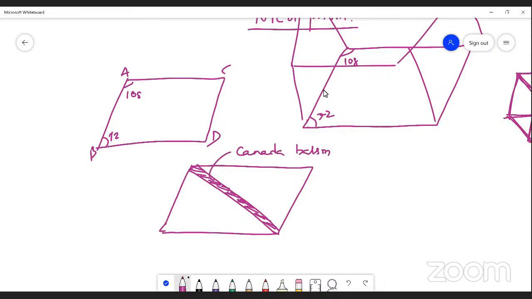Now the angles should change. This is A, B, C, D. After dividing, the angle should change. Listen to me.